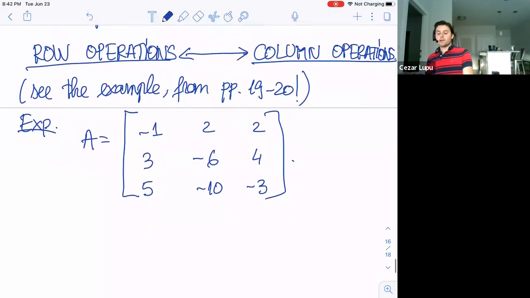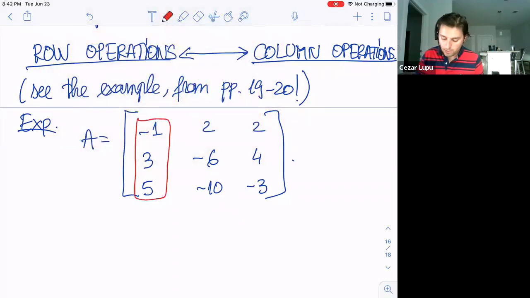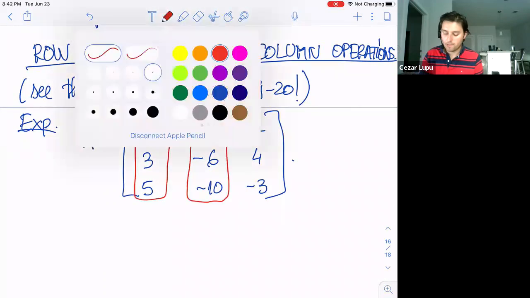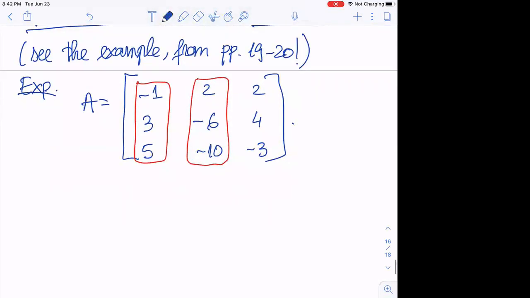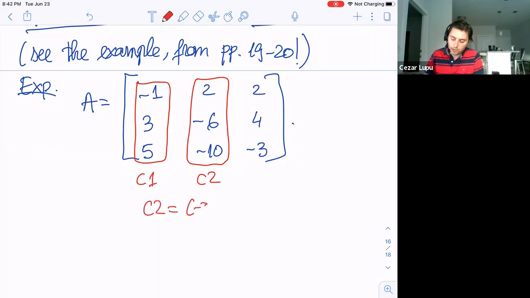Let's look at the first two columns. What do you see? Let's say this is C1 and this is C2. If you multiply column 1 by -2, you get C2. So C2 is -2 times C1.